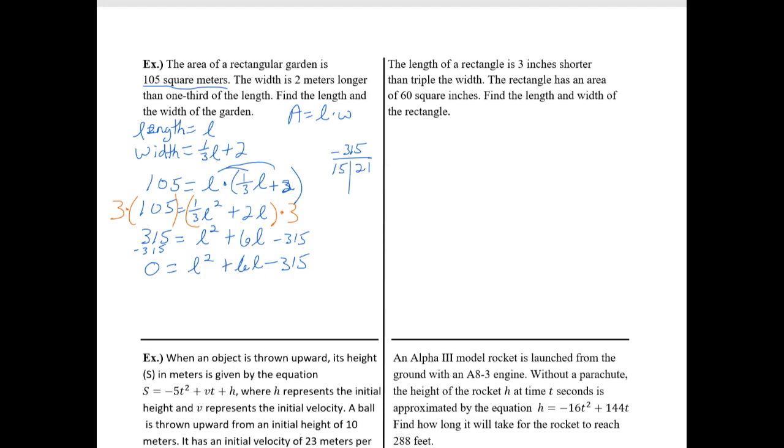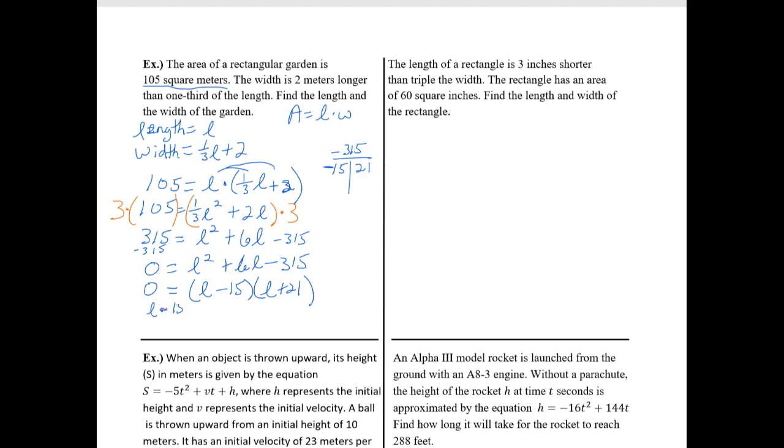And one of them has to be negative to multiply to a negative, but I want it to add to a positive 6. So I'm going to put the negative with the smaller number so it adds to a positive number. Then, since that front coefficient is 1, I can go straight into my factors of L minus 15 and L plus 21.